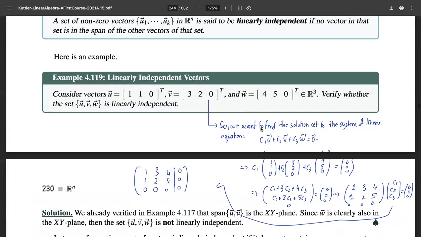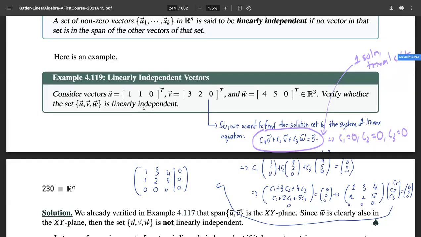But I wrote the gist of it over here. So if we want to show that this is linearly independent, that means I want to show that the solution to this equation is going to be c1 equal to 0, c2 equal to 0, and c3 equal to 0. So I need to show that this system has only one solution, and it's the trivial solution.